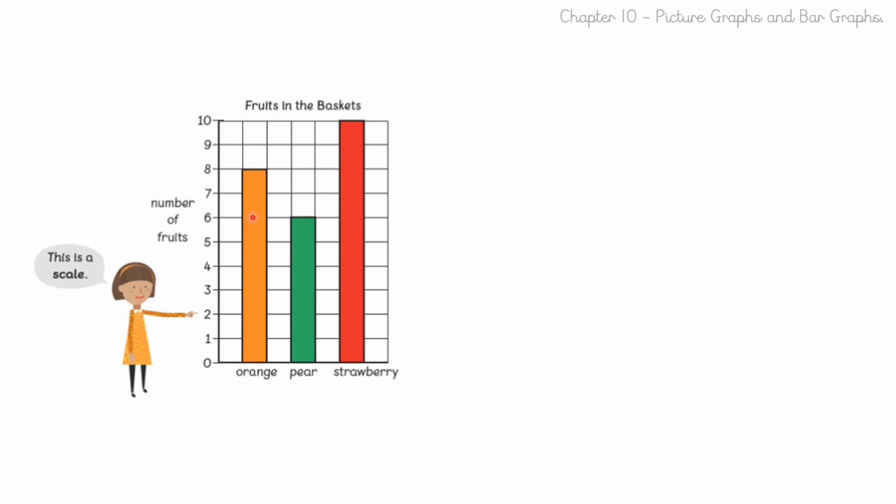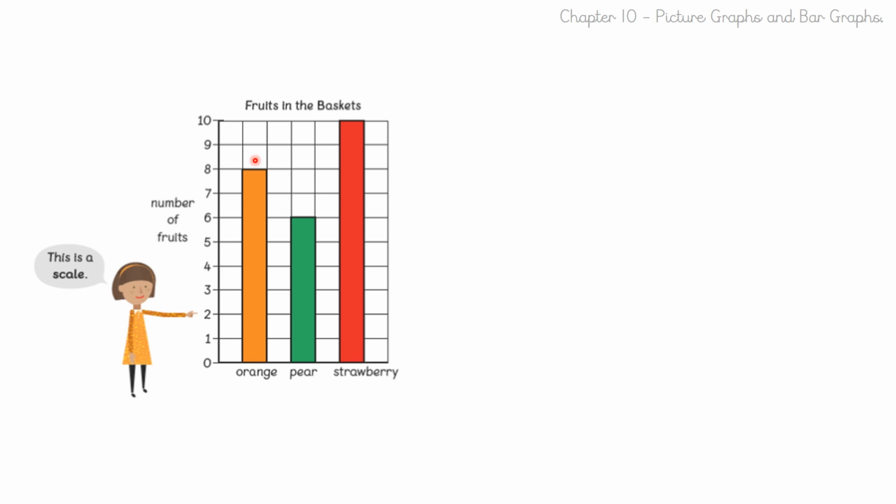What's the difference? Well done! We know that there are 10 strawberries and 8 oranges, and we can see that there is a difference of 2. 10 take away 8 equals 2, so there is a difference of 2.